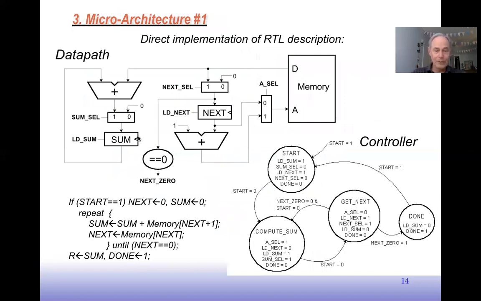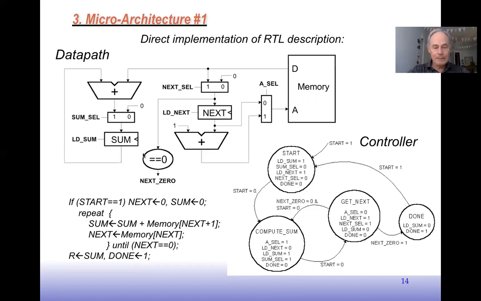Okay, so here's our sum register. Here's the next register. Here's an adder that we're going to use to form next plus 1. Here's an adder over here that we're going to use for forming sum plus the new value, the x value coming out of memory. Right?